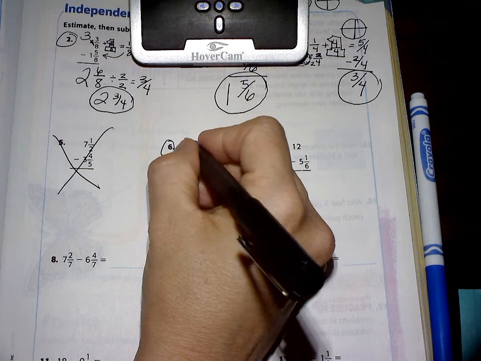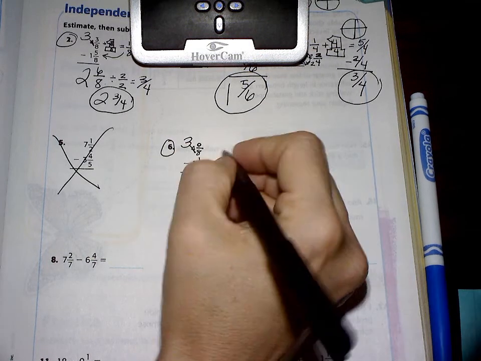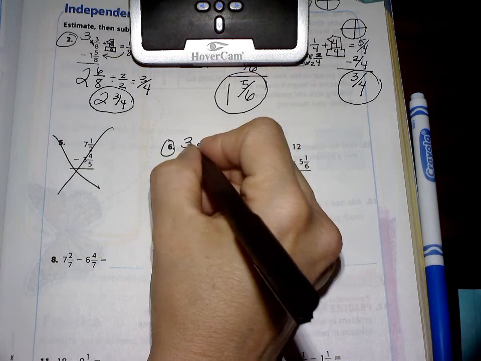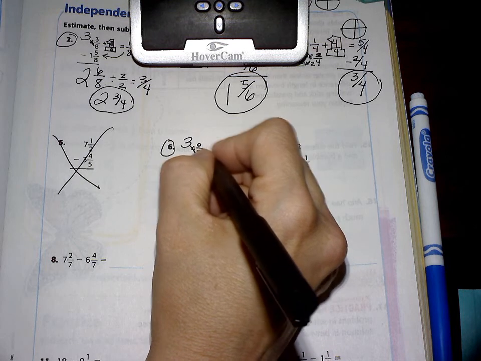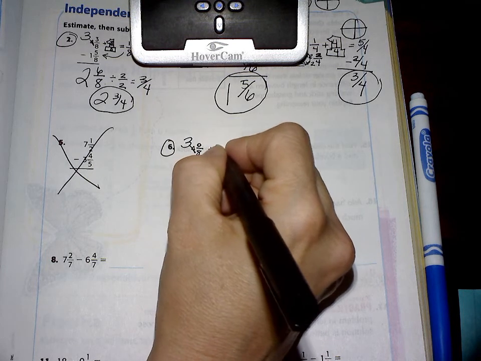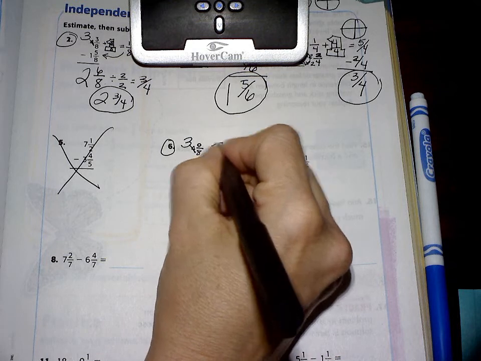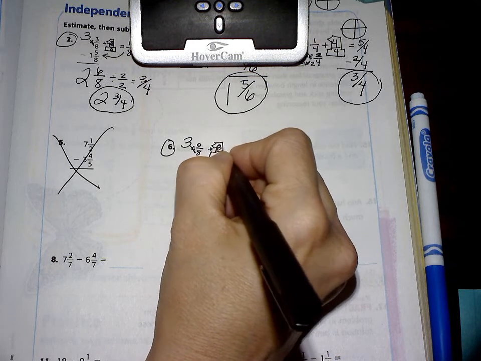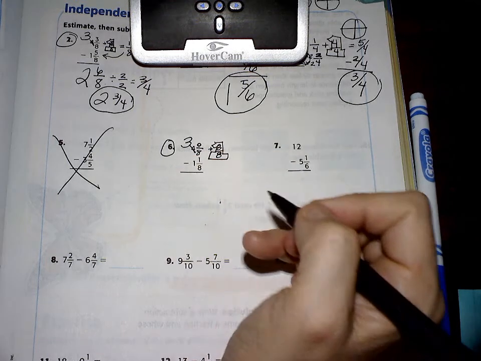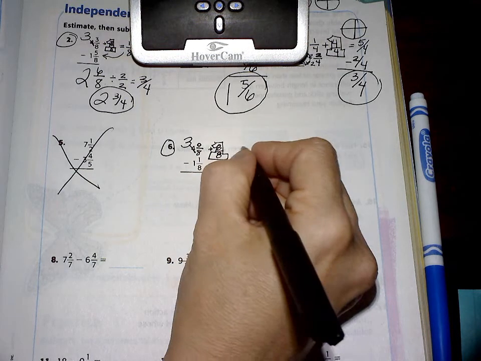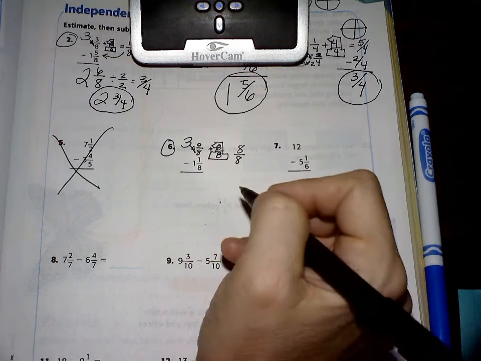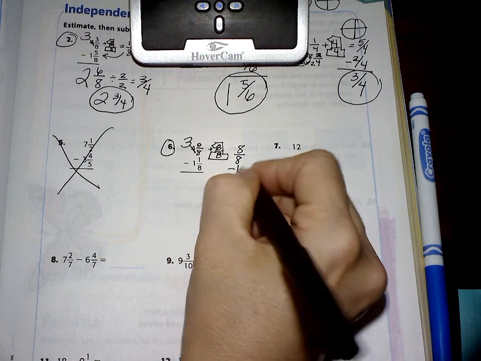So this becomes a 3. And remember, I'm borrowing one whole, but I'm going to keep it in the fractional form. So instead of writing plus 1, I'm going to write plus 8 eighths. Use the denominator you already have. 0 plus 8 is 8. 8 eighths. So now I have 8 eighths minus 1 eighth.